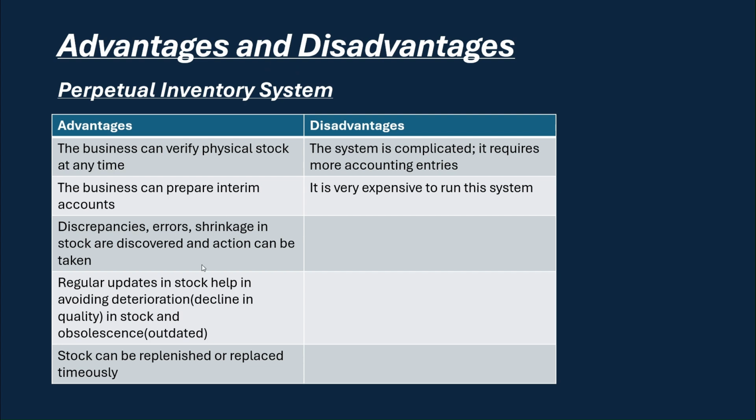Next one is that regular updates in stock help in avoiding deterioration, which means that that is the decline in quality, right? In stock and obsolescence, right? So now what happens with this one basically is that remember that if you don't check your stock most of the time, you won't know if there is stock that is spoiled, right?